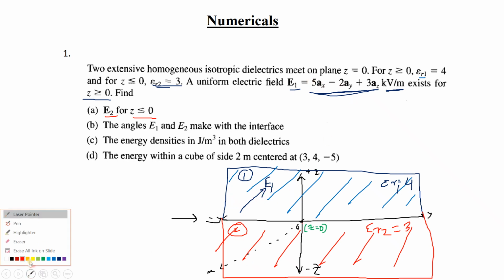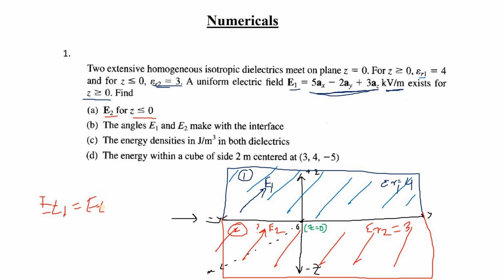That means you have to find the electric field intensity of the second medium. The first medium's electric field intensity is given. Since it is a dielectric medium, there is some electric field intensity over here, so what is its value? You have to apply the boundary condition which we have studied for the dielectric boundary. What we have studied is that, first of all, the tangential components of the electric field intensity are equal.